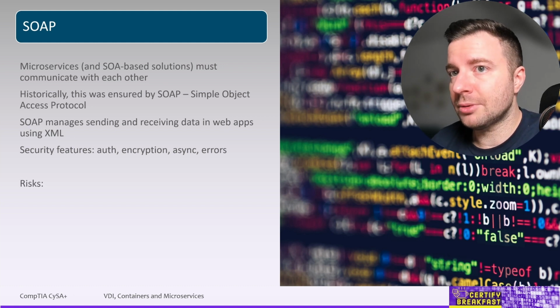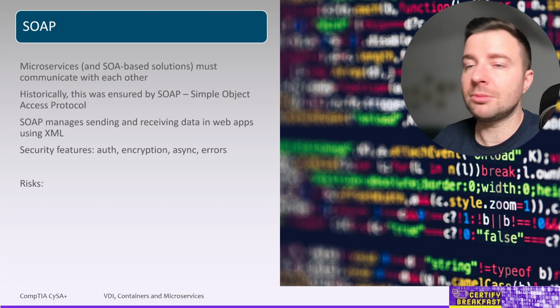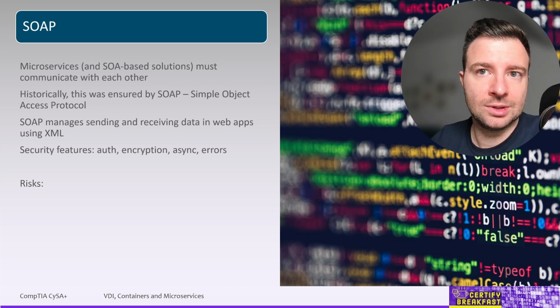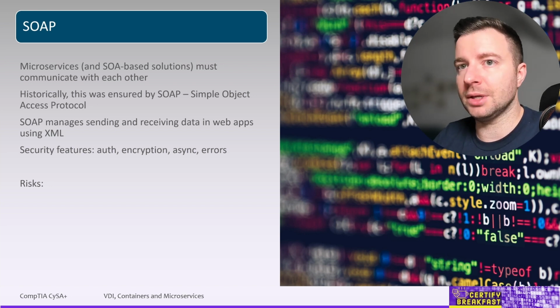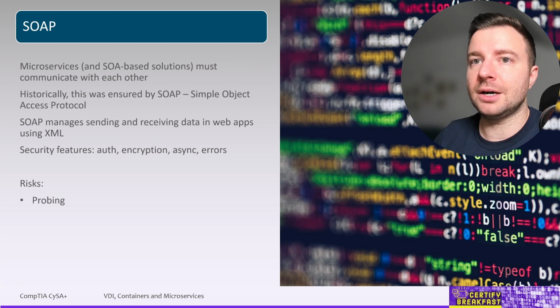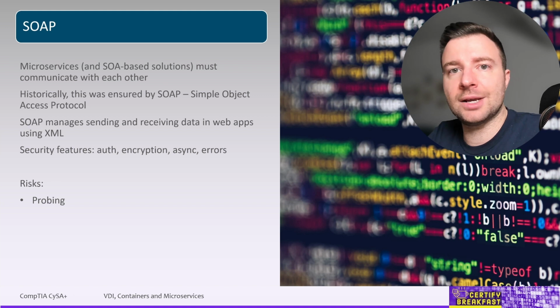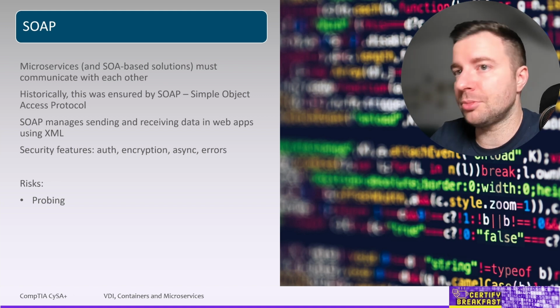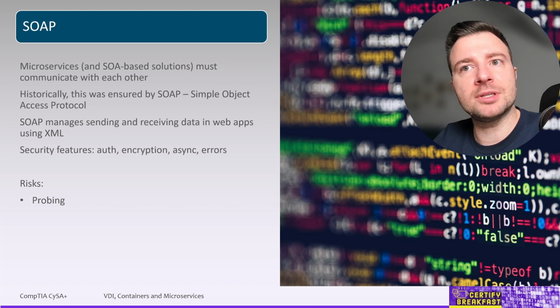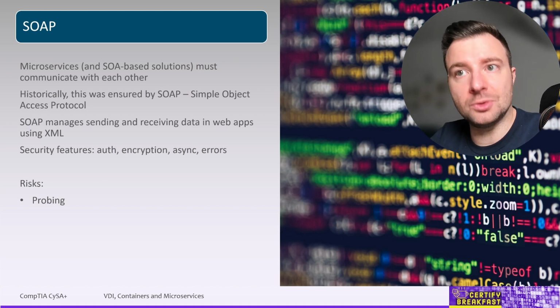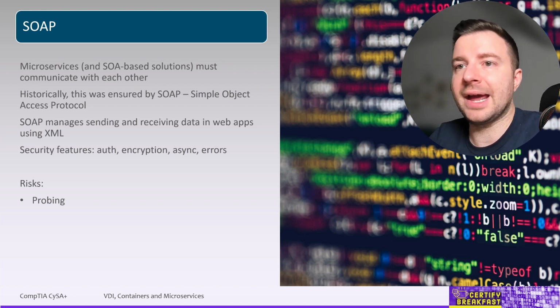And because SOA and SOAP create new communication pathways between services, we are facing new risks as well. We're increasing the attack surface. First of all, we have the risk of probing. This is similar to a scan or a brute force attempt. Probing allows an attacker to discover the various requests accepted by a web service and even view all its functions. So it's basically scanning web services.